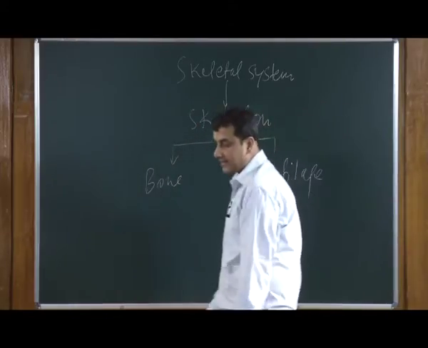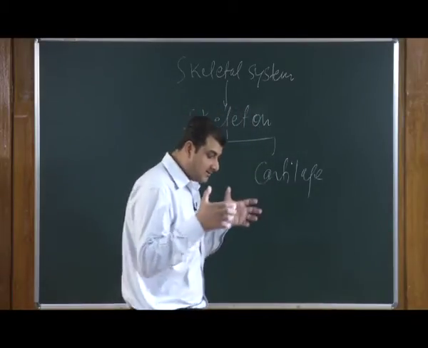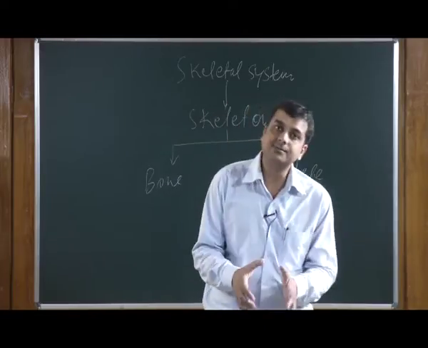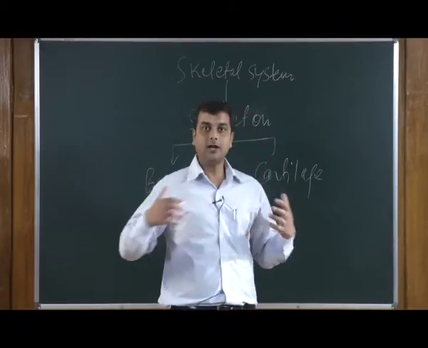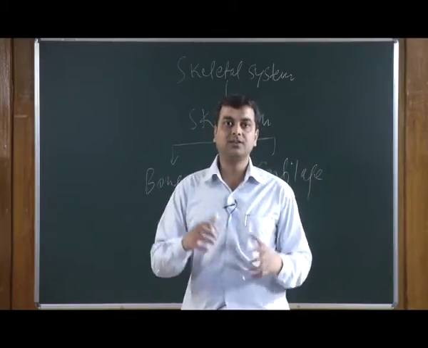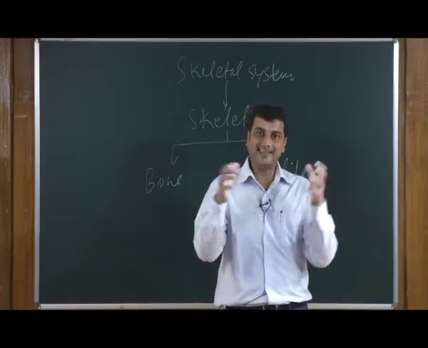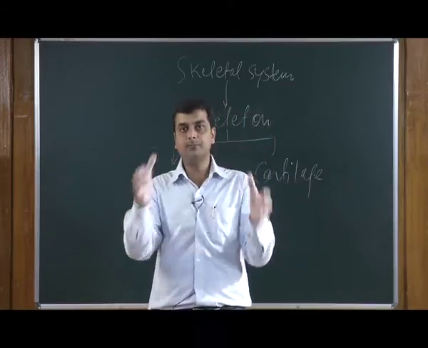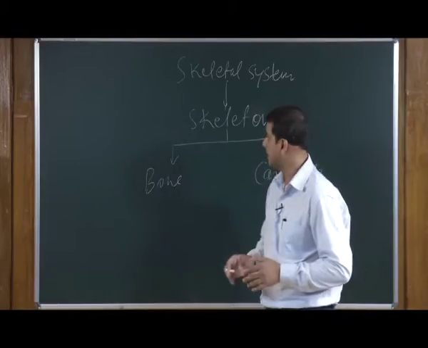Now, this bone and cartilage give very specific attachment to muscles. The whole body muscle system, the tissues and other things, all have some connection with the bones. So, bones are very important in order to give the proper framework to the human body.